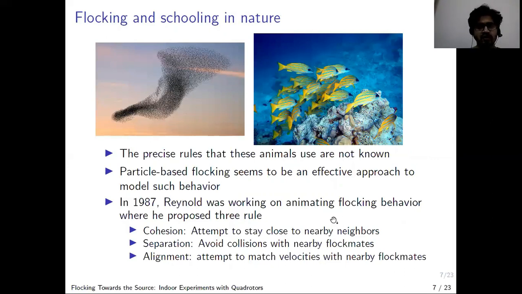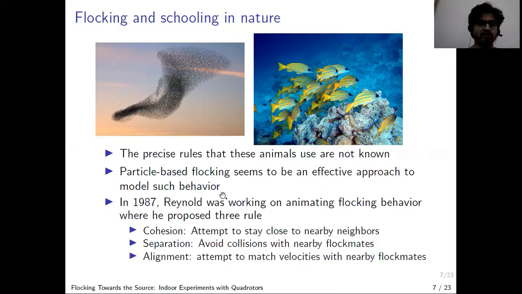So flocking or flocking dynamics is basically an attempt to explain the emergent behavior that is seen in large groups of animals, such as the flock of birds that you see in the left picture or schools of fish. So there are multiple particle-based models that try to explain this emergent behavior by simple rules followed by each agent.